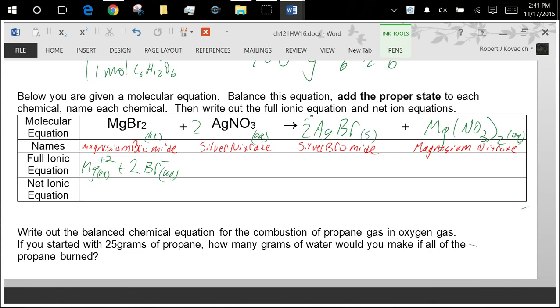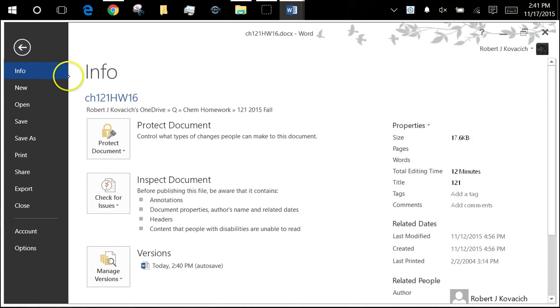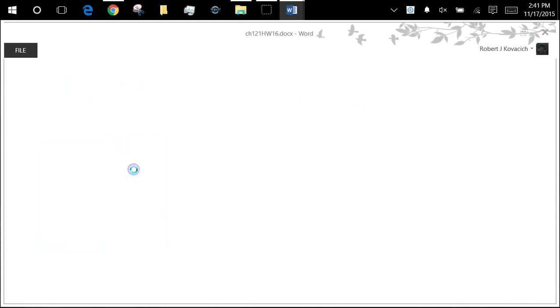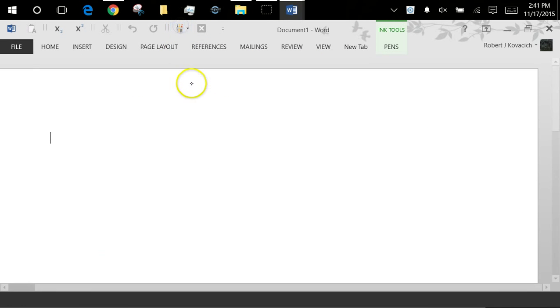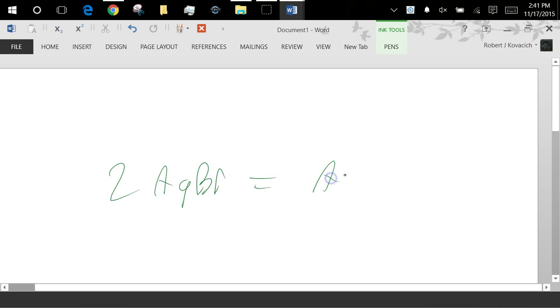So how many Brs are on the right side? Right? So 2 Brs.